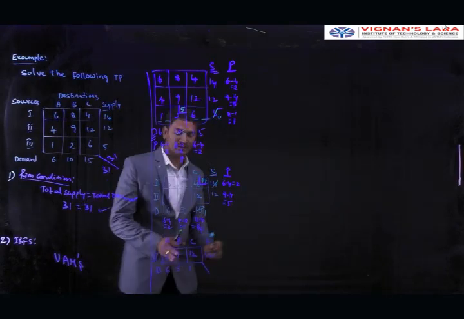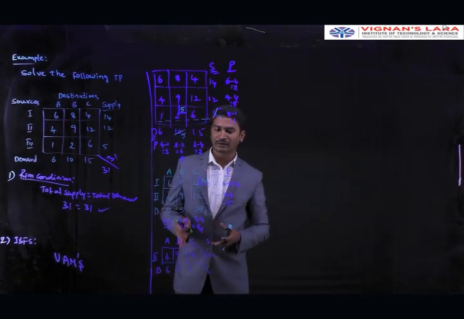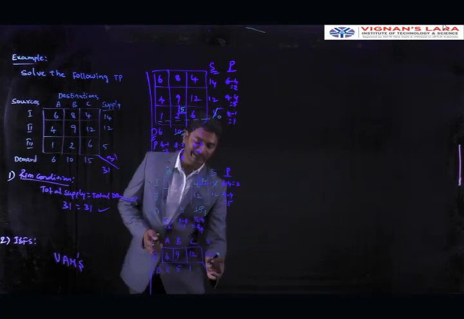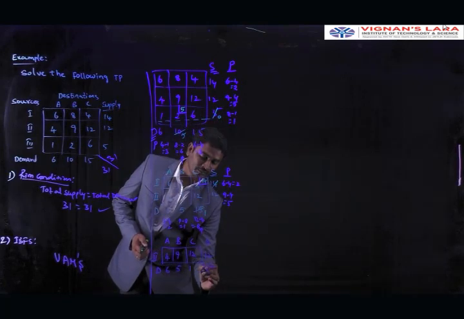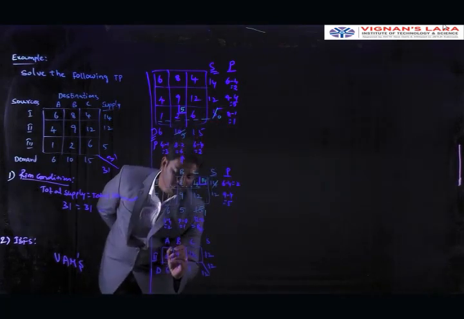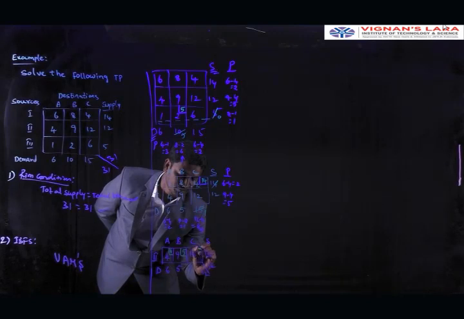Here we reached a 1 by 1 matrix, so it is not possible to calculate the penalties for this. That's the reason I am going to allocate directly here. It is balanced. Now I am going to allocate the values. Here we are allocating 6 units, here 5 units, and here 1 unit.